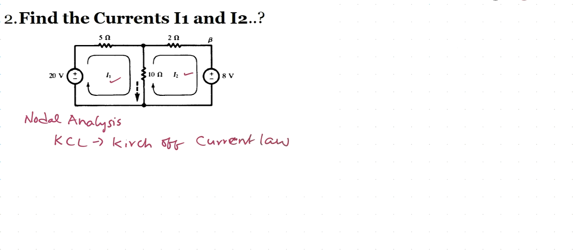Now what we should do is eliminate these loop currents and go with a different method. I'm redrawing the same circuit.